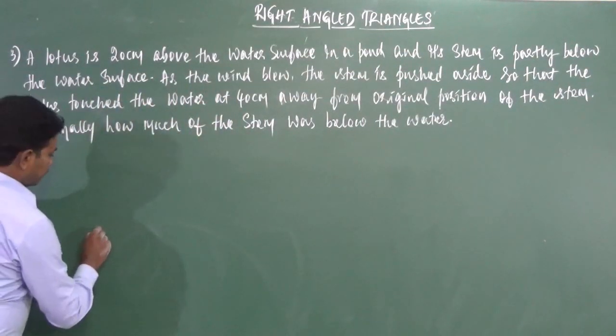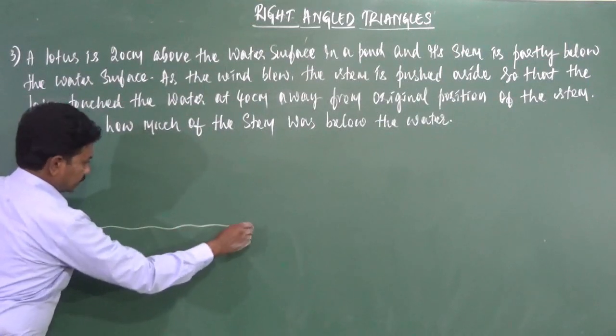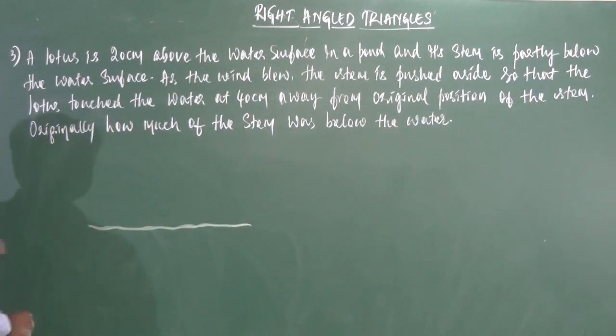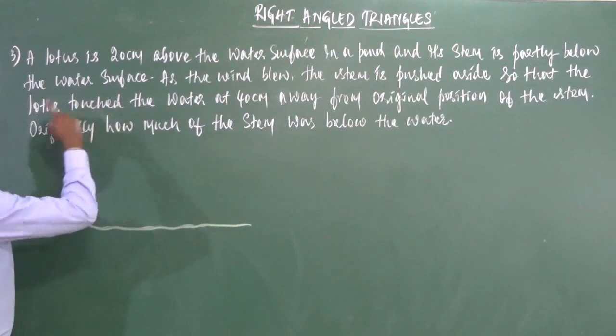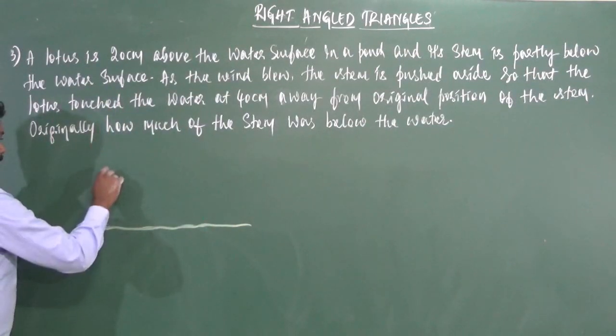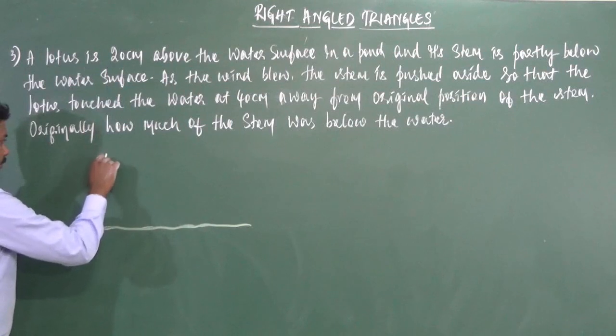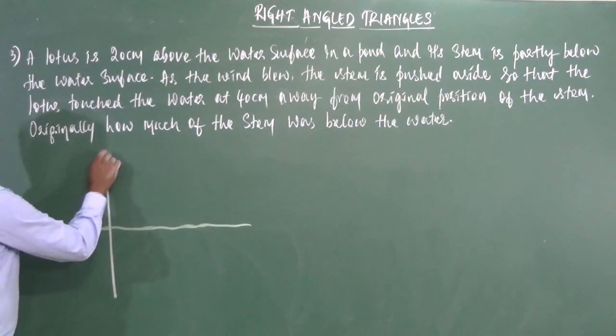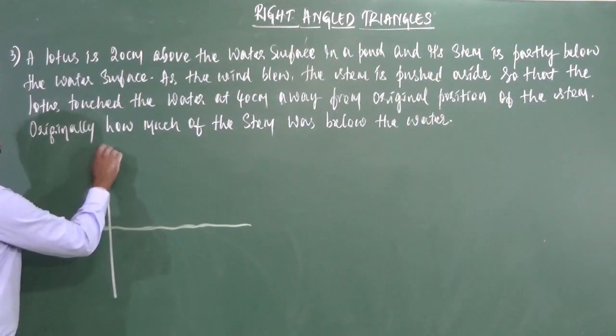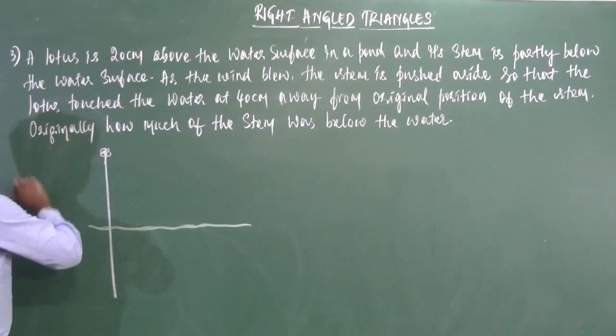Okay, let us take the water surface like this. This is the water surface, right? The lotus is 20 centimeter above the water surface in a pond, and its stem is partly below the water surface. Okay, so let this be the flower, the lotus flower.